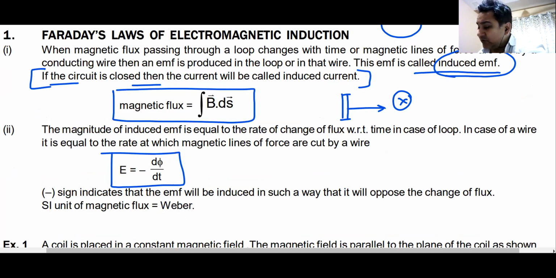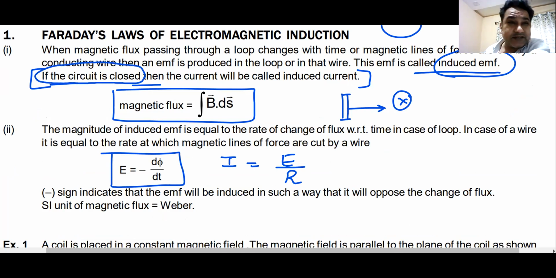Now, this is the induced EMF. How do you find the induced current? Induced current will be induced EMF divided by R, where R happens to be the total resistance of the loop. But this current will only flow if what? Closed loop. If the circuit is closed, else you will not have an induced current, because this current is known as induced current.